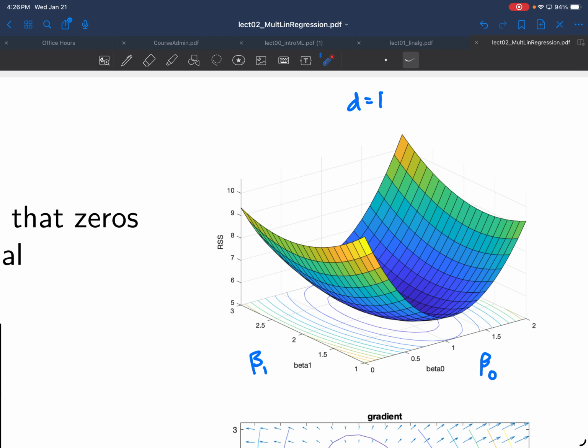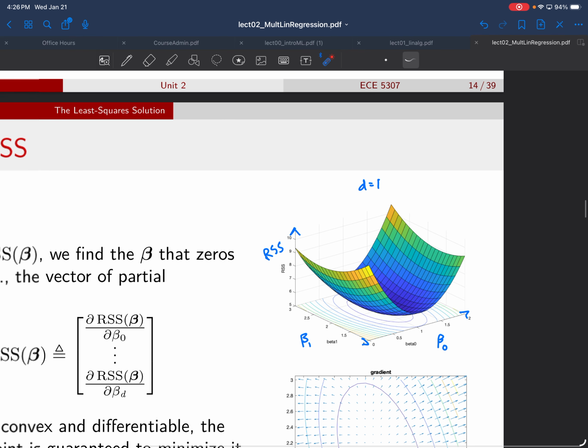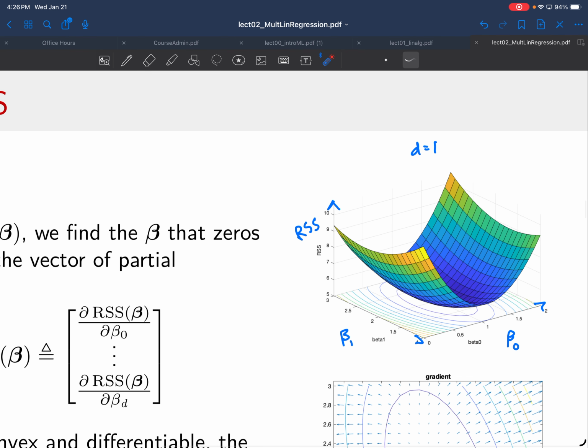And so here we have the RSS on the vertical axis. And you can see that, remember, we want to minimize RSS. There's some combination of beta 0 and beta 1 which would be right at the bottom of this bowl. That's what we want to find. We want to find those values of beta 0 and beta 1.